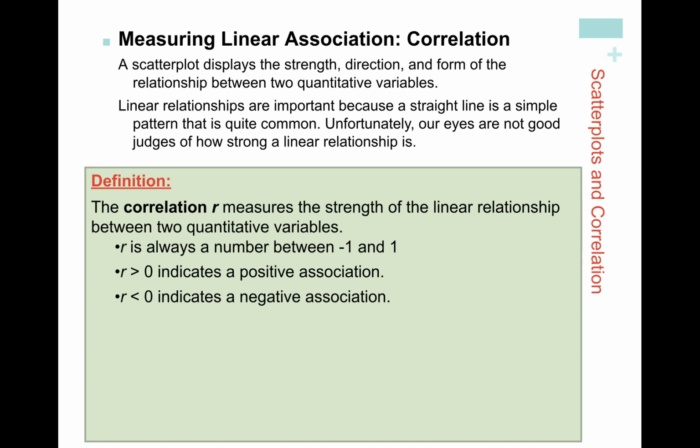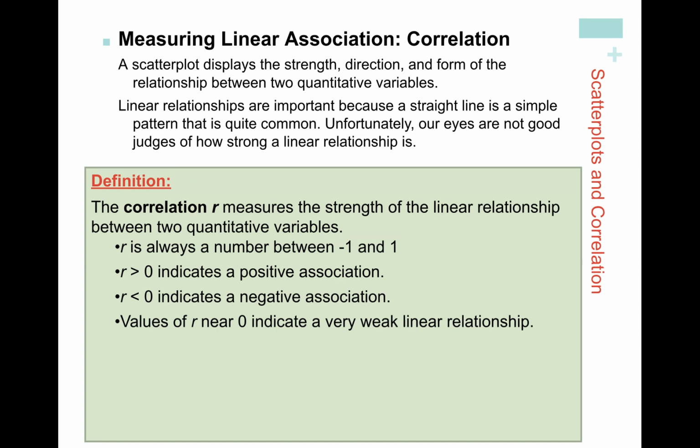What you have to say is that as x increases, and state what the actual x is. In our first example, as the student's body weight increases, the backpack weight also increases. That's how you interpret a positive association in the context of a problem.